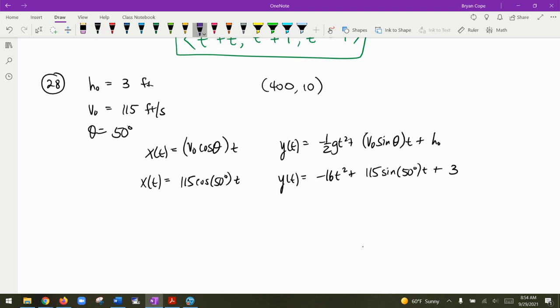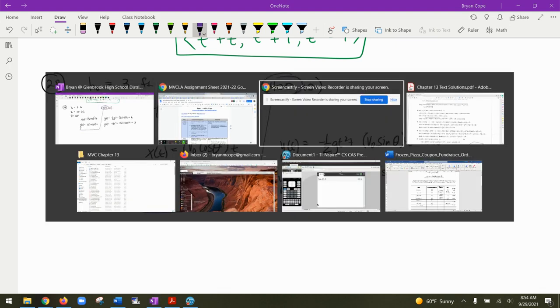So the question is, when we're 400 feet away from home plate, are we greater than 10 feet off the ground? So I'm going to sub in 400 for x. We'll solve that, and then we will use that t in our other equation to see how high we are at that time.